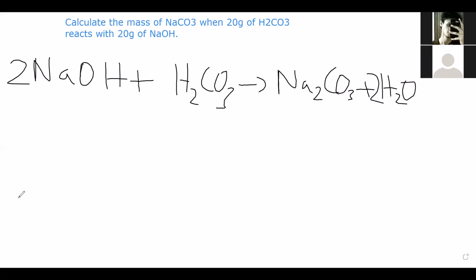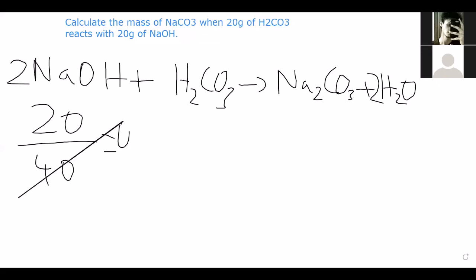For NaOH, 20 divided by the MR. The MR is 40, so this is coming 0.5. For carbonic acid, 20 upon 62. This is equals to 0.32.